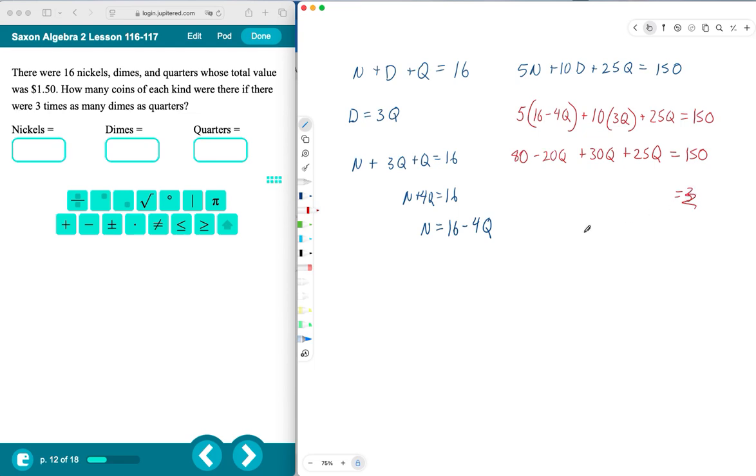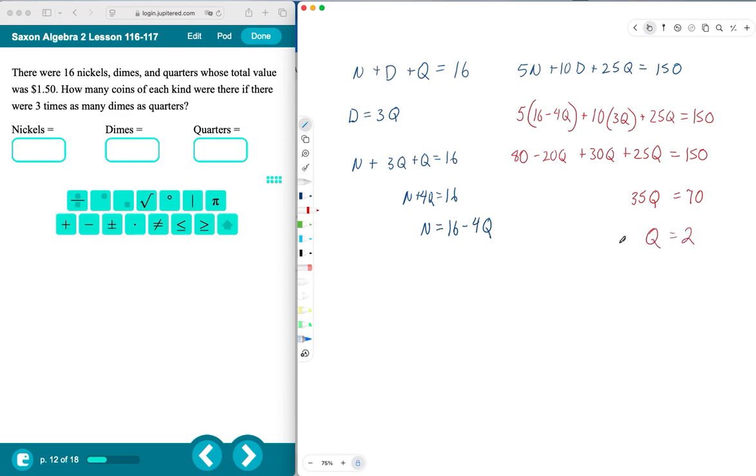If I subtract 80 from both sides, I get 70. I don't know where I got 30 from. So that equals 70, and then I have 35q, because negative 20 and positive 25 is 5, and 30 and 5 is 35. Divide both sides by 35, and I have 2 quarters.